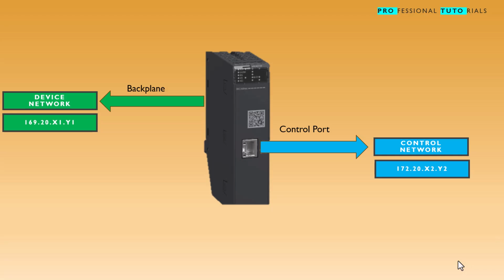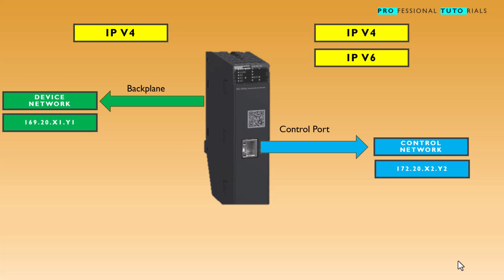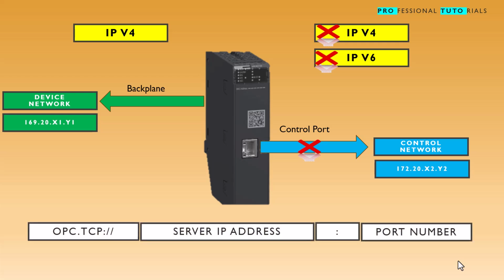Before finishing this tutorial, I would like to share with you two important things. First, the NUA module supports only the IPv4 protocol in its backplane port, but for its front port, it supports both IPv4 and IPv6. So, with the front port disabled, the endpoint URL used by SCADA will be only the IP address of its backplane port.